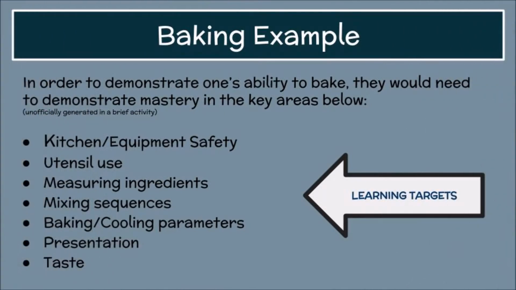That idea of critical pieces of knowledge will really come into play when we start talking about the learning continuum in a minute. If you happen to be alone and you don't have anyone to compare your answers to, take a look at this next slide and at this unofficially generated list that Ashley and I came up with.